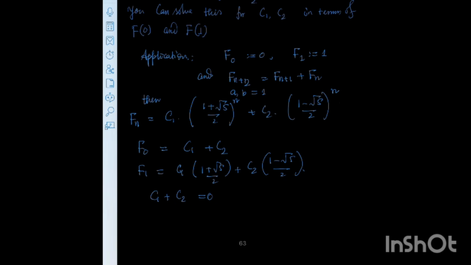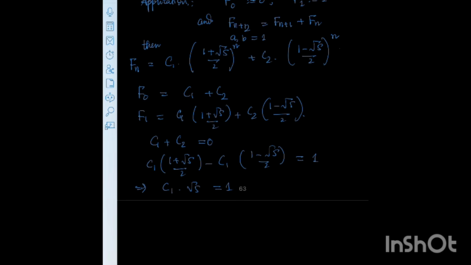Now just solve these equations. c1 plus c2 is 0, as f0 is 0. And c1 times (1 plus root 5) by 2 plus c2 times (1 minus root 5) by 2 is 1. Just putting c2 equal to minus c1, we have c1 equal to 1 by root 5, a simple calculation, and c2 equal to minus 1 by root 5.